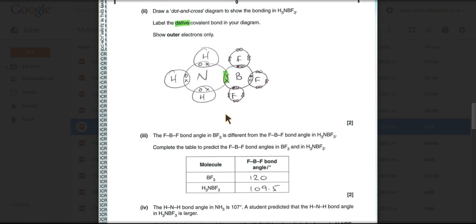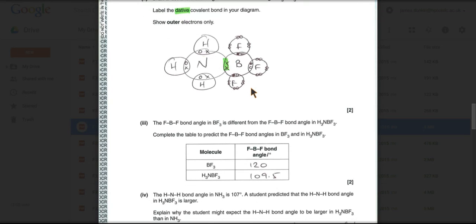The FBF bond angle, so that's there to there to there, in this molecule here would be 109.5 degrees now, because we've got 4 pairs of electrons. These are all bonding pairs, so the repulsion is equal, and so we get that maximum distance apart at 109.5 degrees.